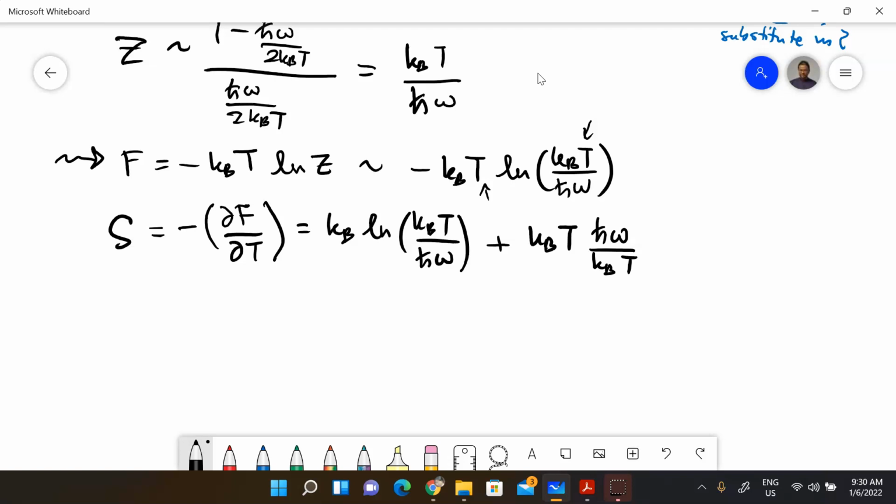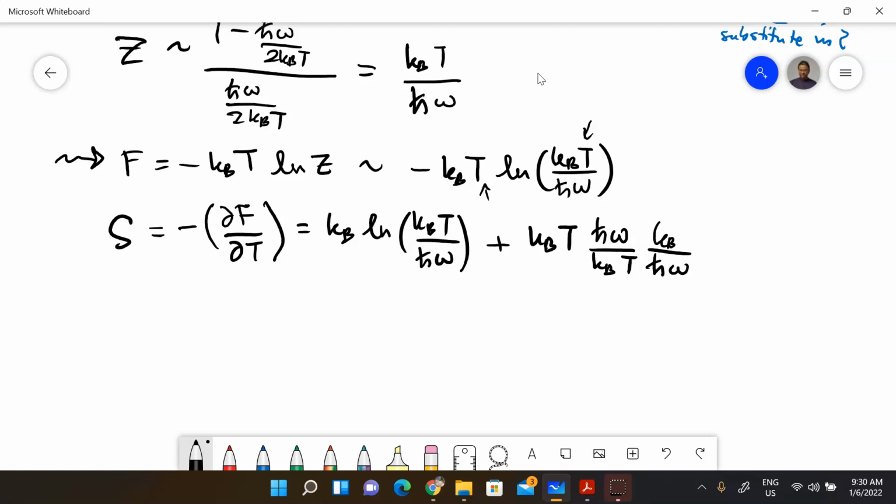And then that's differentiating the log, but you need to differentiate the argument inside the log, which is multiplied by T here. So that gives you kB over h bar omega. Okay.